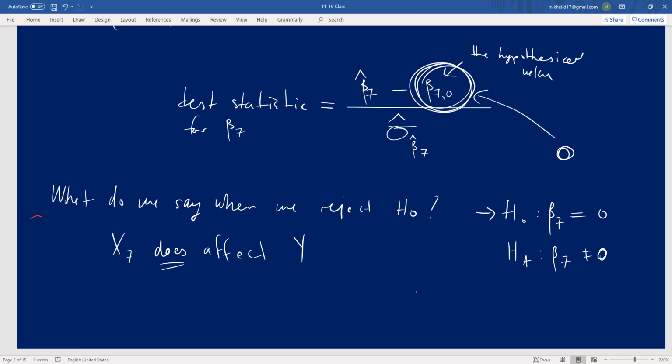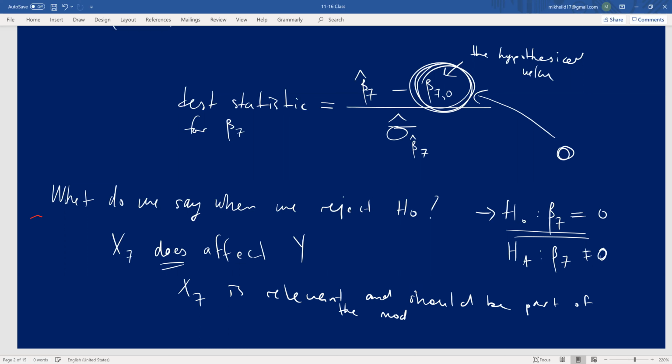So if you reject H null, then X7 does affect Y, and so X7 is relevant and should be part of the model. We also say that beta 7 is significant.